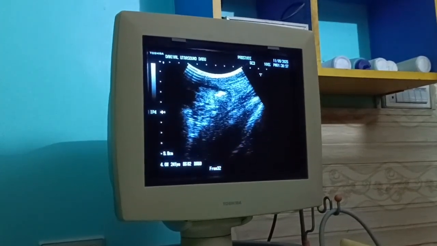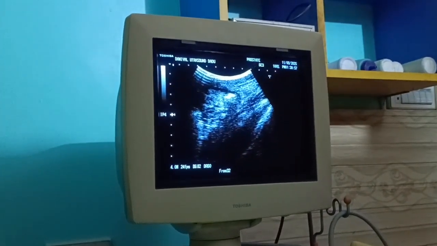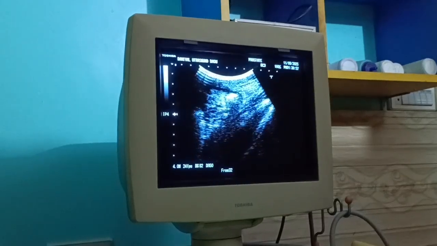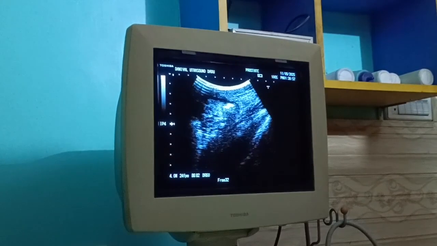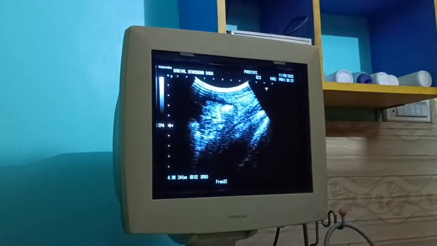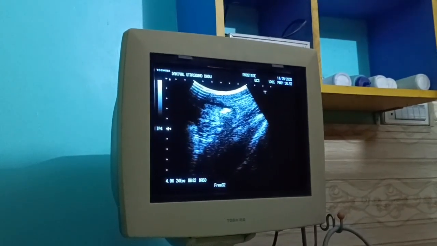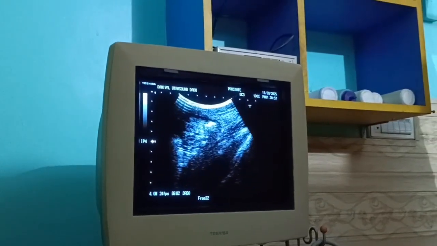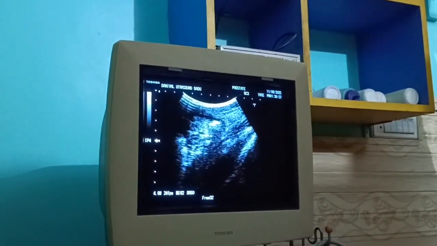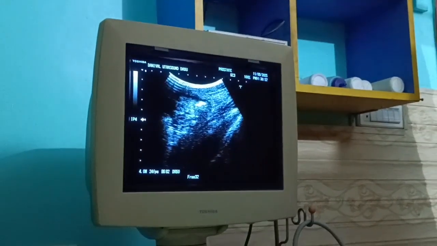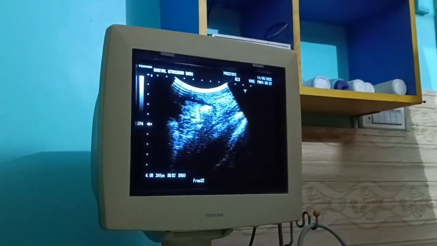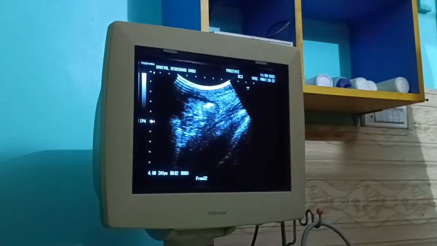Now, what are the reasons of gut wall thickening? How to define it? Normal gut wall thickness when bowels are distended should be below 3 millimeters or 0.3 centimeters. And in colon, it should be below 4 millimeters or 0.4 centimeters.